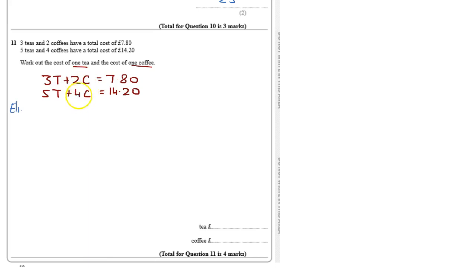Now this is 2c and this is 4c. If I multiply this complete equation by 2, this is 6t plus 4c is equal to 15.60.